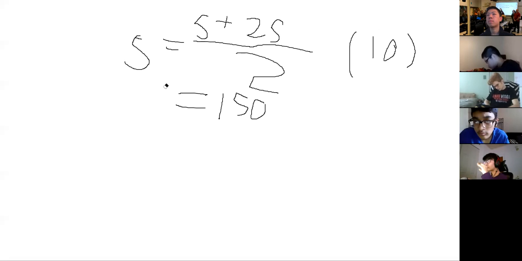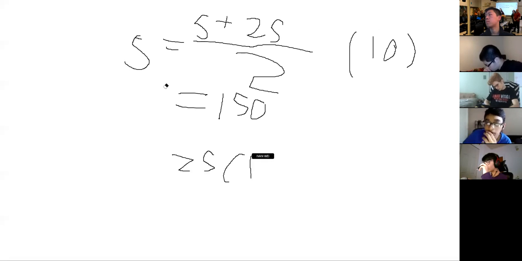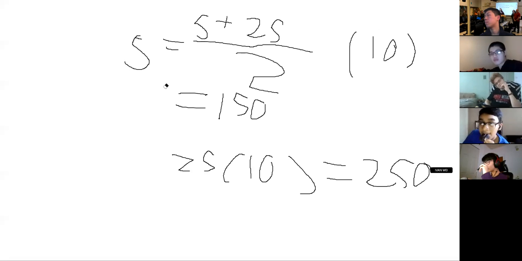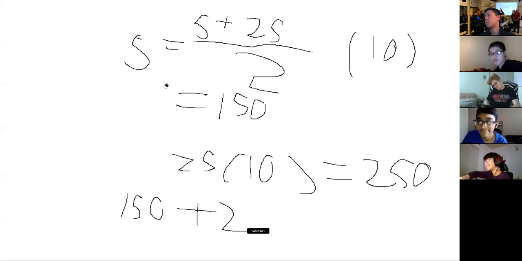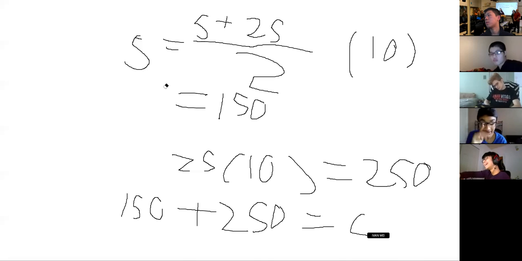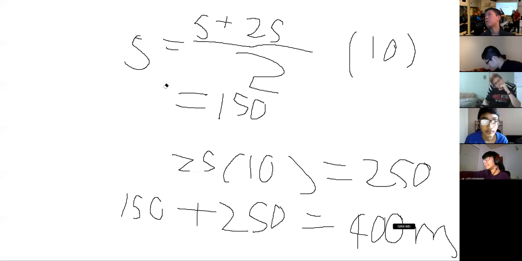And then in the second part, it's just traveling at 25 for 10 seconds. So you just multiply, and then you add them together to get total displacement, which is 400 meters. Yeah, that is a very good solution.